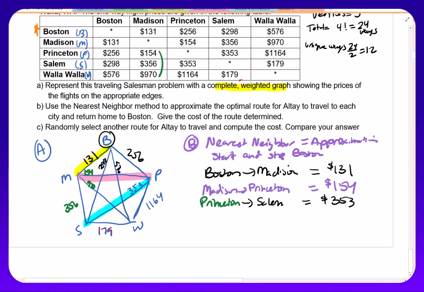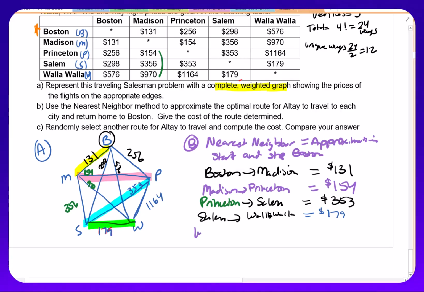By design, I still have to go to my last city. So you notice I have started at Boston, went to Madison, Princeton, Salem. My last step there to visit each one of them is to go to Walla Walla, and that is going to have a cost of the 179. But don't forget, you have to end up back where you started.